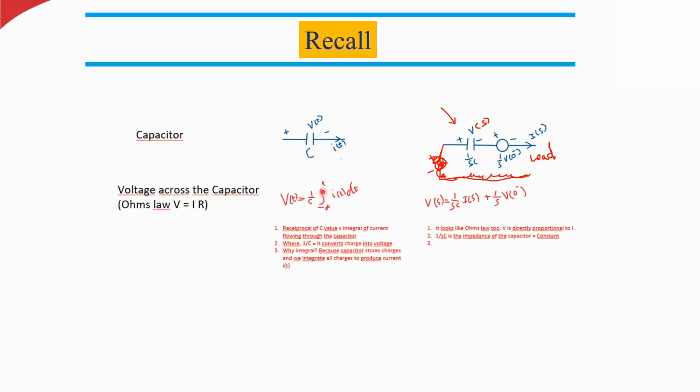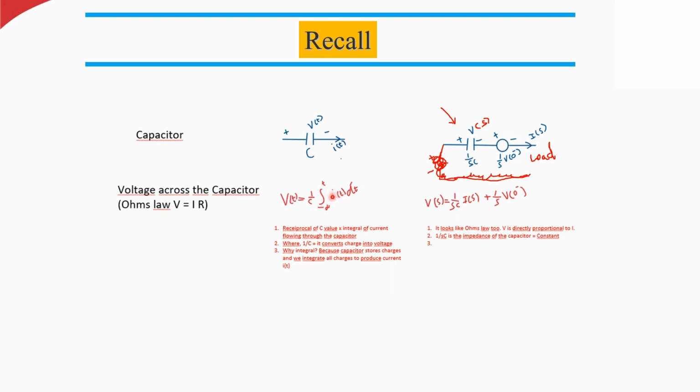This integral indicates that we are accumulating all the charges stored in this capacitor C. So 1 divided by C is nothing but the capacitance value. The integral gives the mean or average value, so the average of all the charges. The time interval is minus infinity to t, that is the charging time of the capacitor.